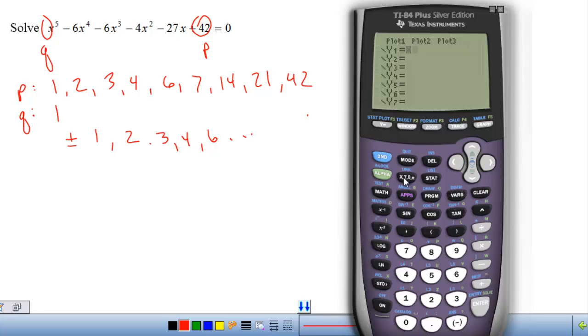So I have x raised to the 5th minus 6x to the 4th minus 6x to the 3rd minus 4x squared minus 27x plus 42. And we'll go ahead and graph that.